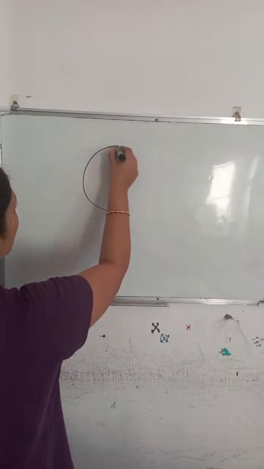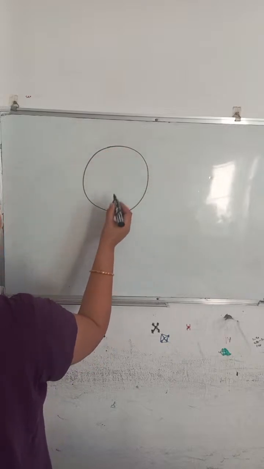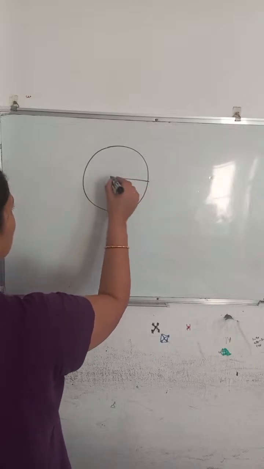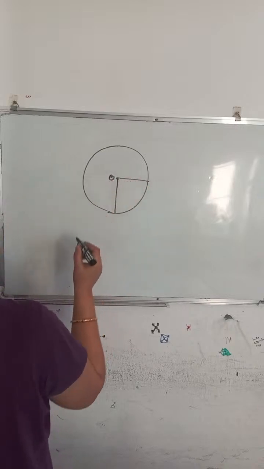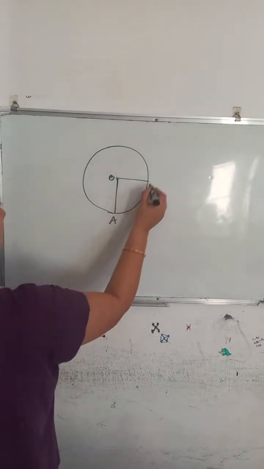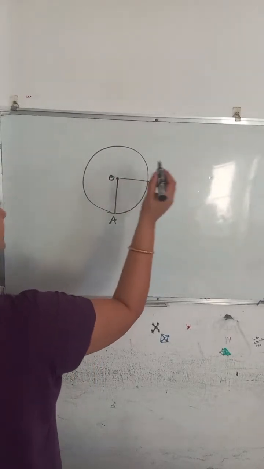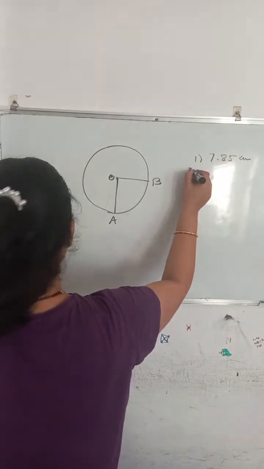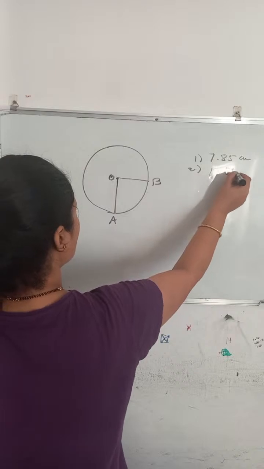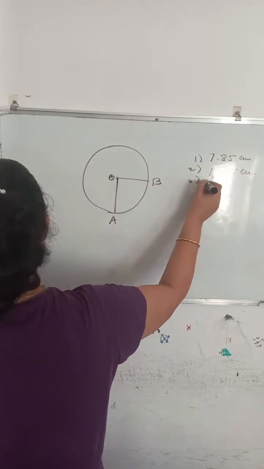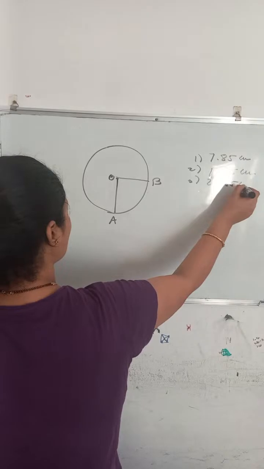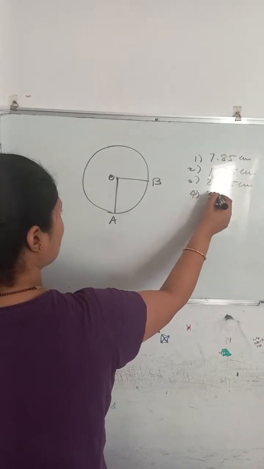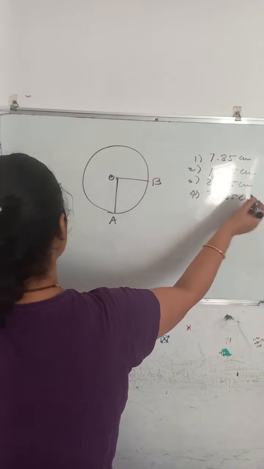Use pi is equal to 3.14. Options are given. First is 7.85 centimeter, second is 17.85 centimeter, third is 27.85 centimeter, and last option D is 37.85 centimeter.